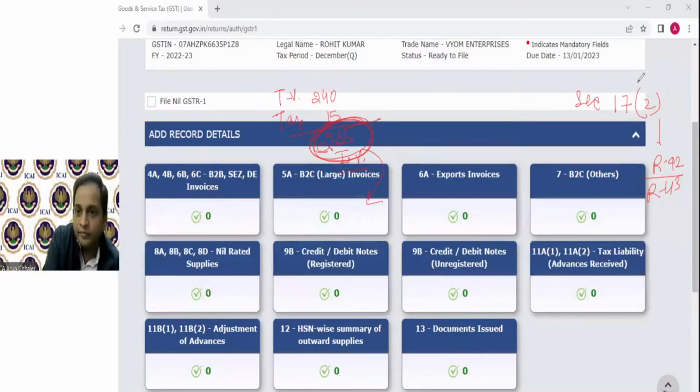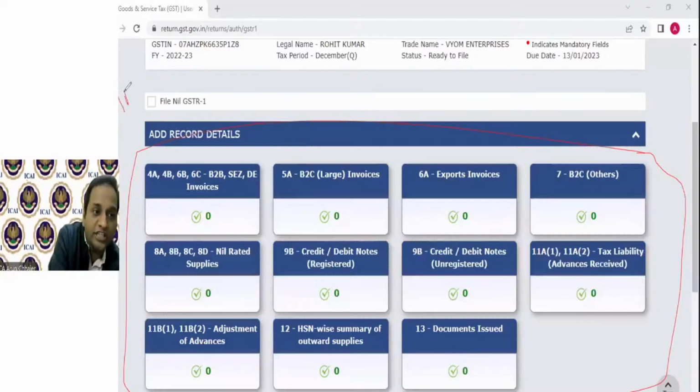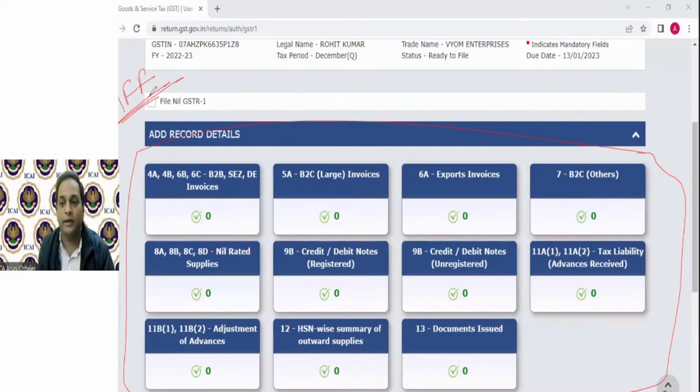Please confirm that IFF consists of which table? In IFF, which two tables will come?